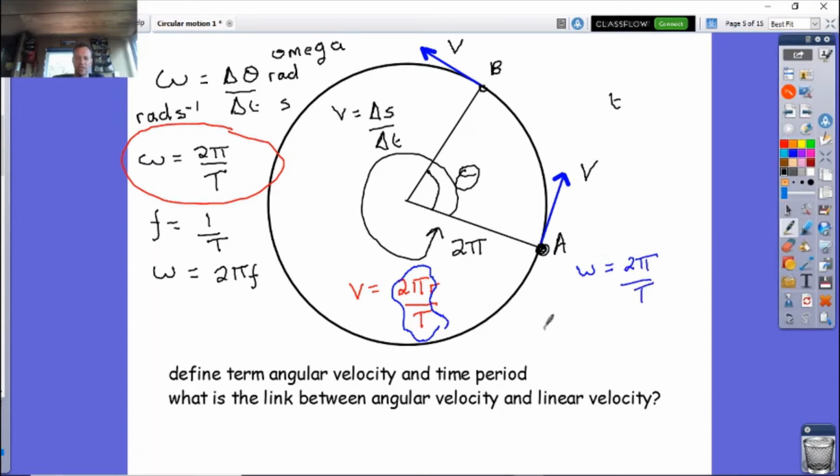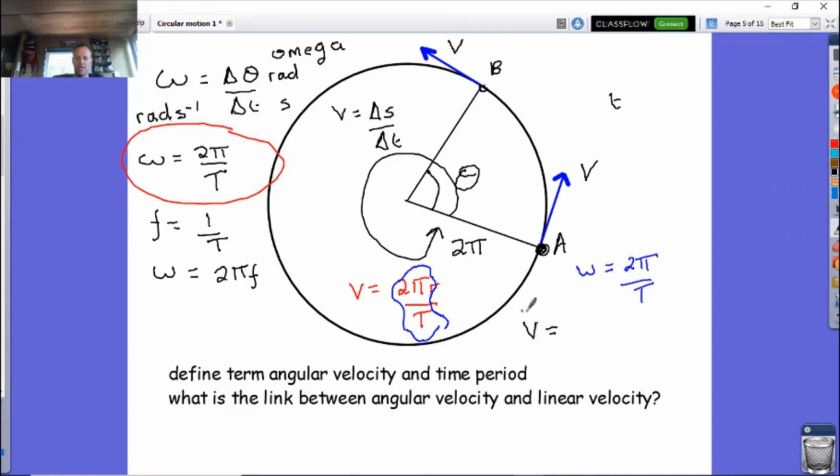Hope you're appreciating my colour. The v is then going to equal omega r. This equation comes from 2 pi over t. Now this starts making sense because as it goes around the circle, omega is going to be constant because you arc out the same angle in the same time.